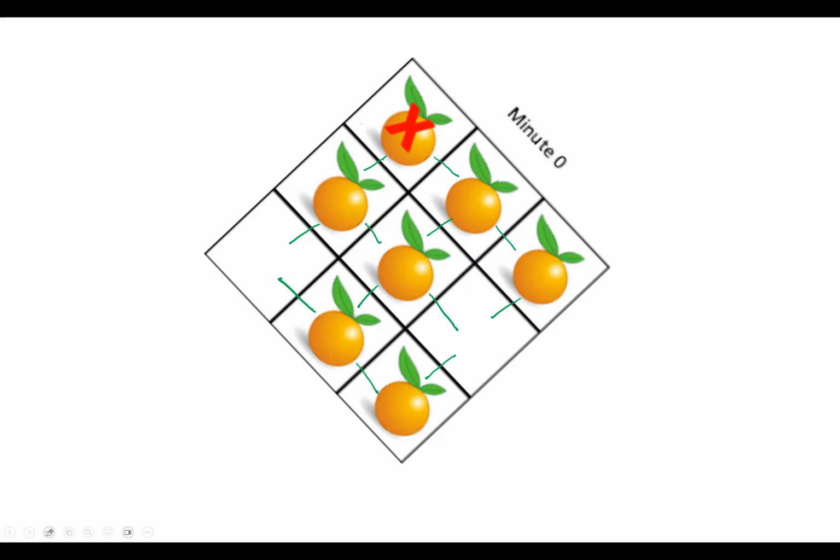DFS explores the depth, maybe going this way and then coming here. Instead, if we use BFS, we make sure these two are visited first. So BFS visits the neighbors first and then goes to the next step.